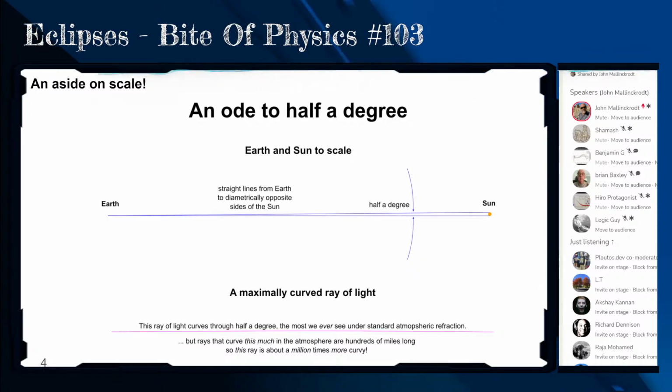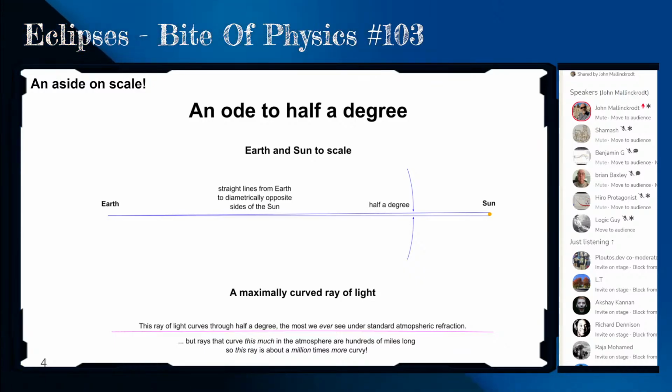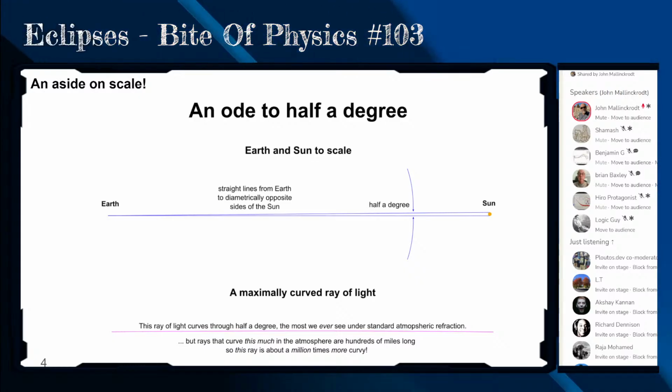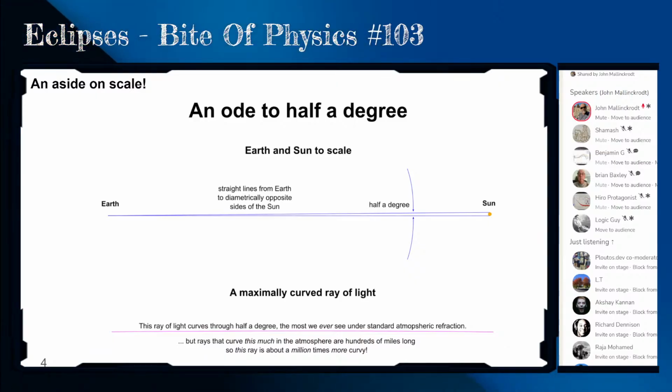And so I'm showing you a red line there. That line really is curved. I made it curve by about a half a degree. So the direction it's moving at one end, it changes by a half a degree by the time it gets to the other end. And that's the most any ray of light curves. But I should point out that to do that, light doesn't travel 10 or 20 centimeters as it does on this slide.